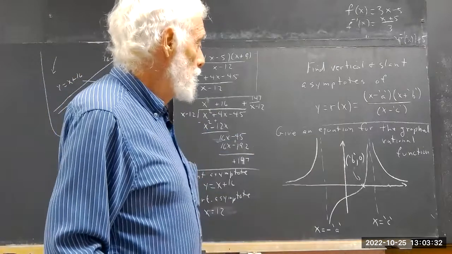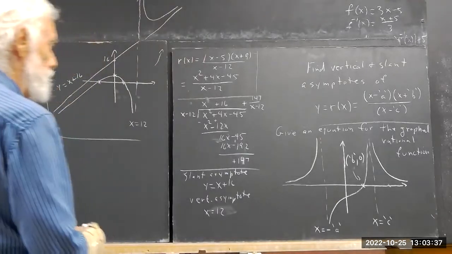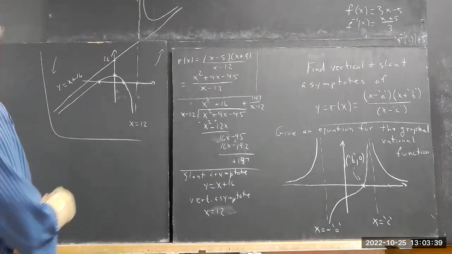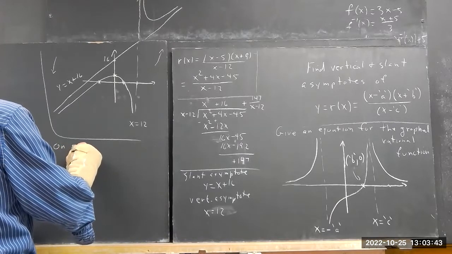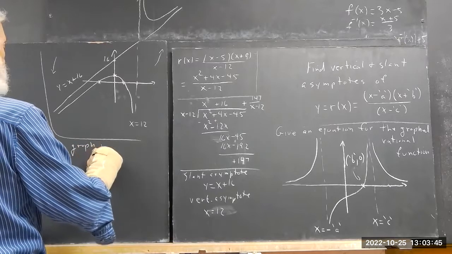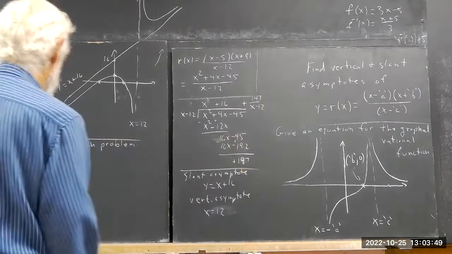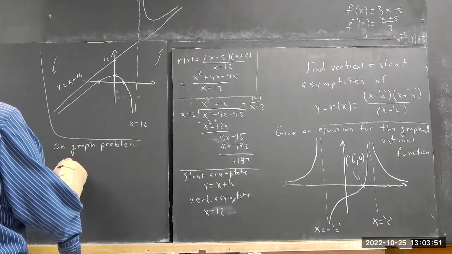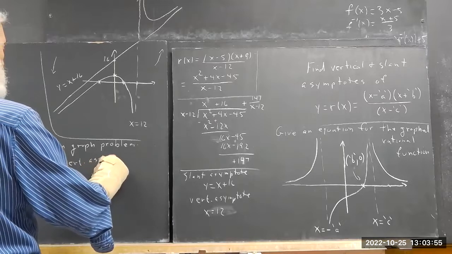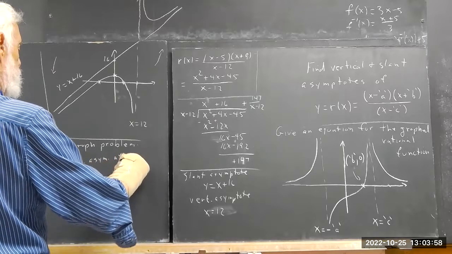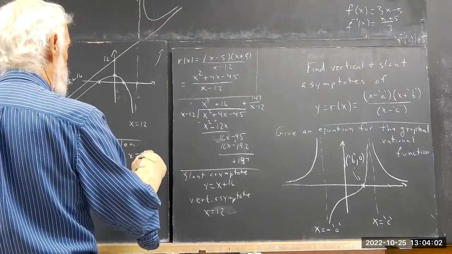Okay, I'm going to do an equation for this thing. So on the graph, and the graph problem, which is of course this one. Let's say x equals -4.